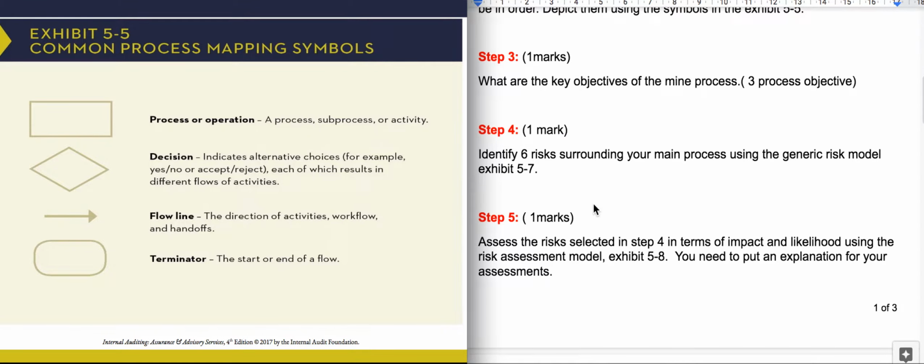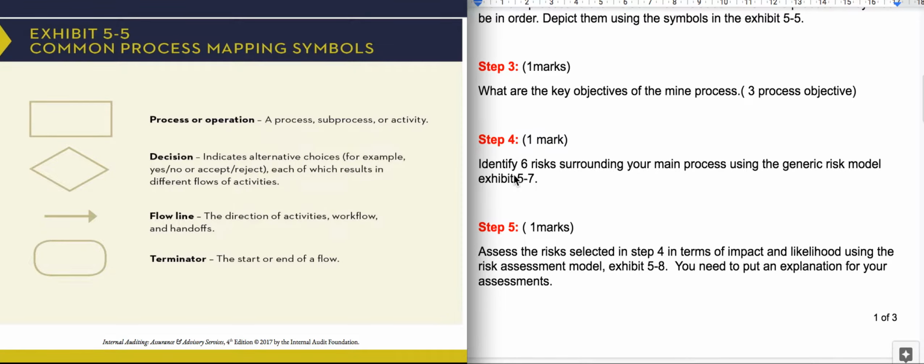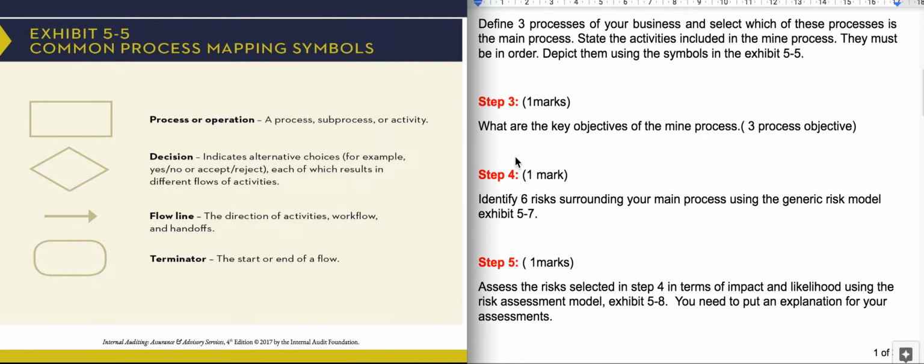And then step 4, you need to identify 6 risks surrounding this main process, producing the elegant clothes. What are the 6 risks surrounding the process of producing elegant clothes?